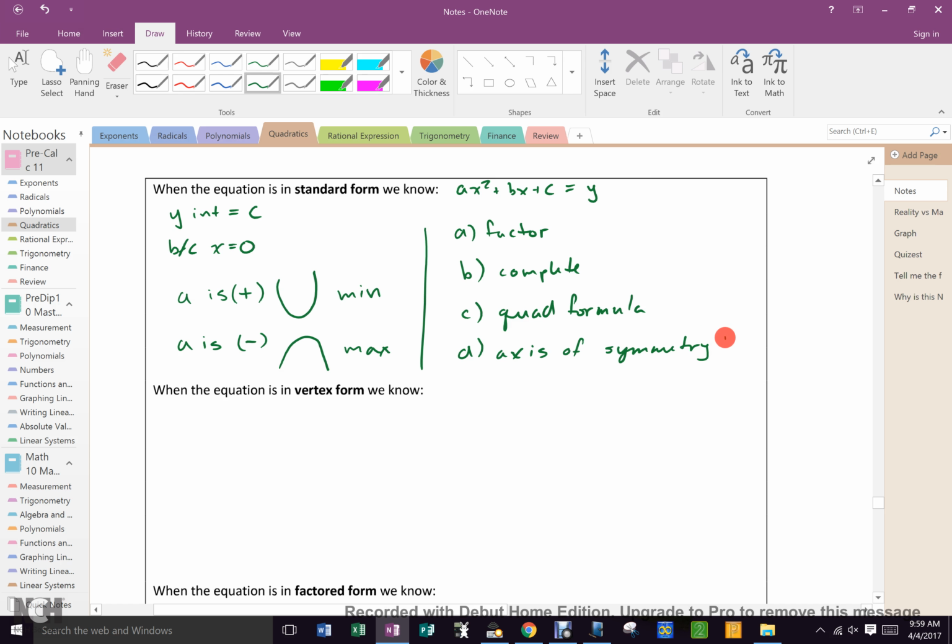If you do find the vertex. Oops, not the vertex. Axis of symmetry, from doing what gets us the axis of symmetry? Negative b over 2a. That is what you can do with the standard form.